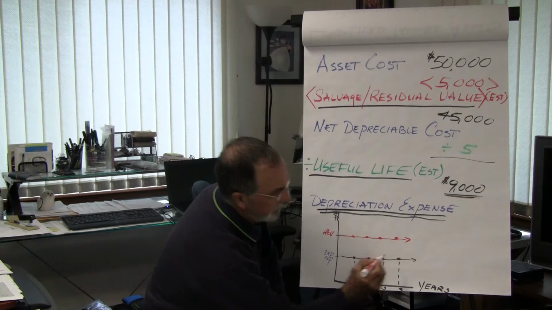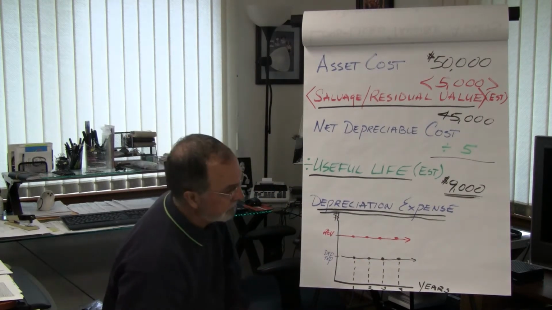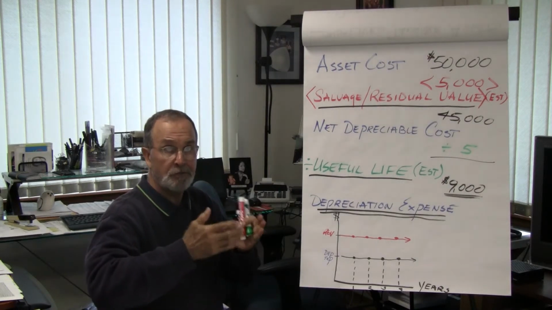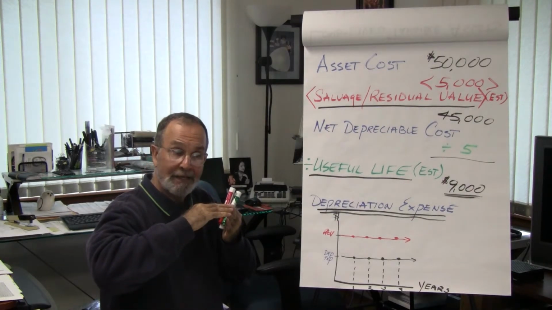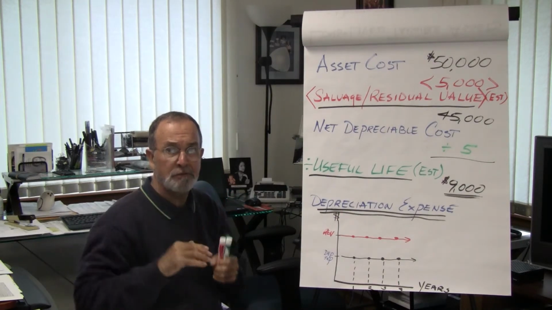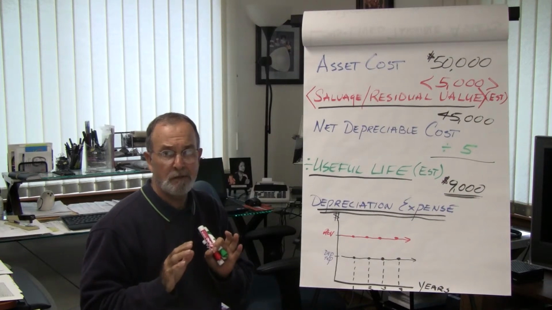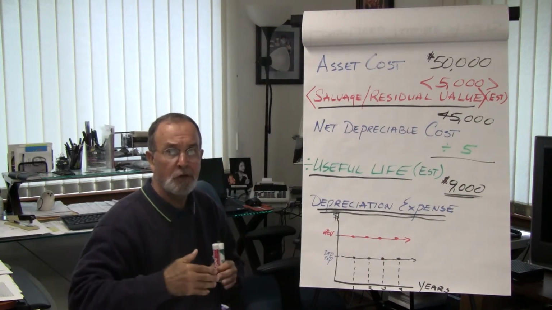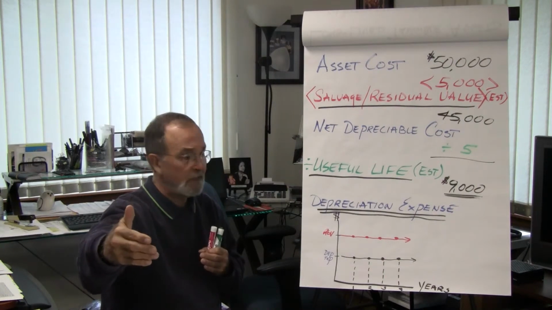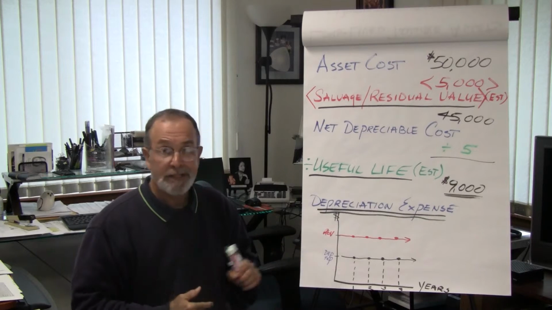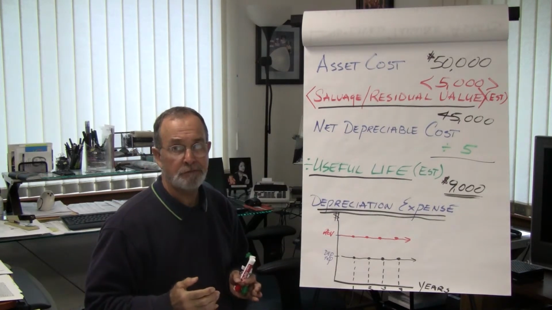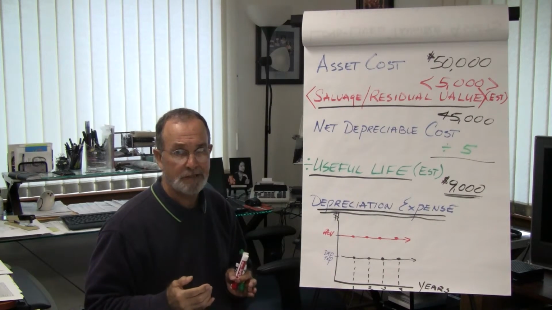So the idea is that if we have an asset that we expect will generate revenues for us in a stable manner, in other words, a steady stream of revenues without much fluctuation from year to year over the estimated useful life of this asset, then straight line depreciation is an appropriate method of depreciation to use for that sort of asset.